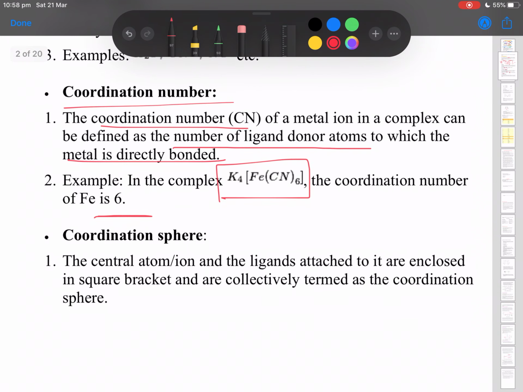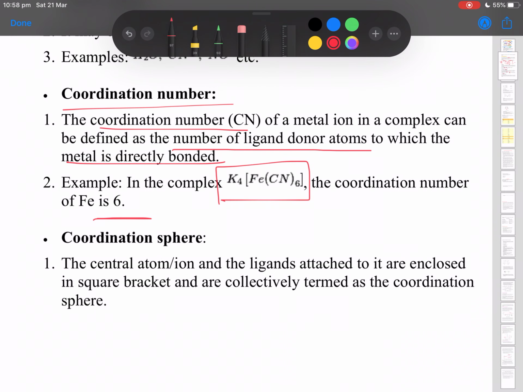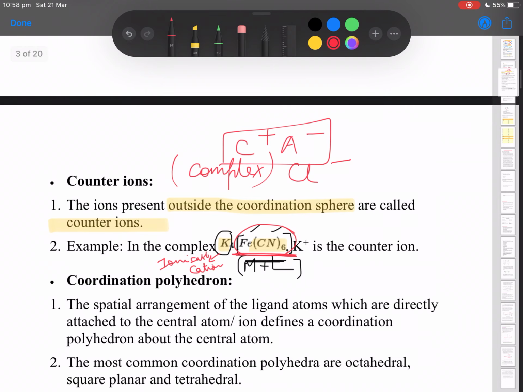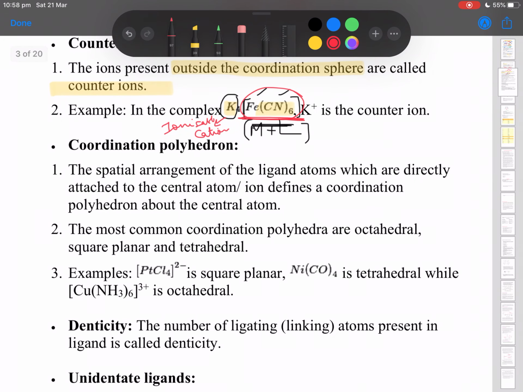Coordination sphere we have already discussed: whatever is within the square bracket is called the coordination sphere. So collectively, metal plus ligands. Counter ions I have already spoken. Now it's the coordination polyhedron. That was what I mentioned about the geometry, the spatial arrangement. This I'm not going to explain right now because you won't understand.